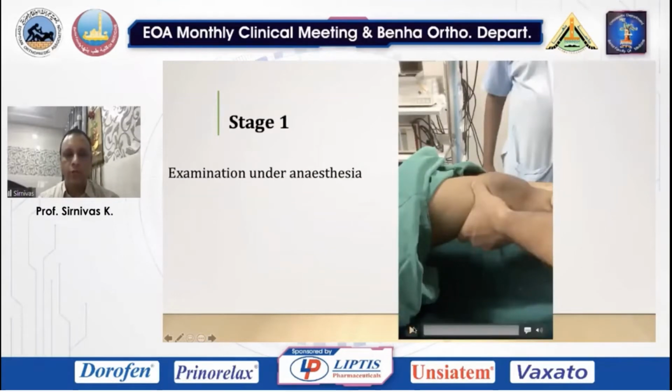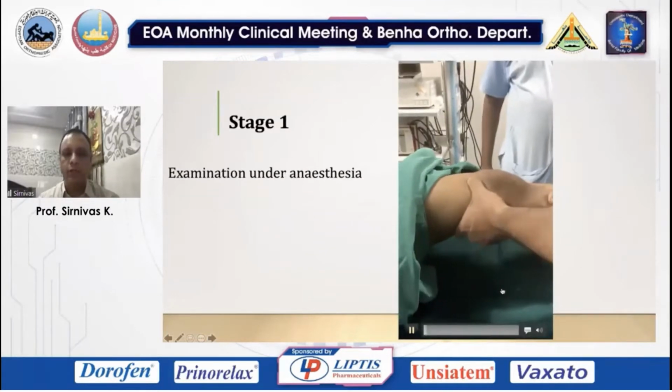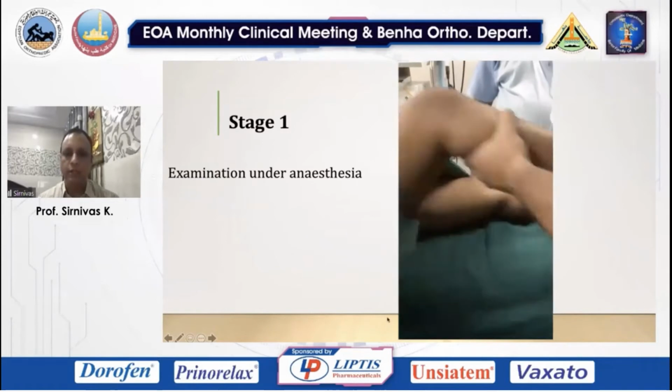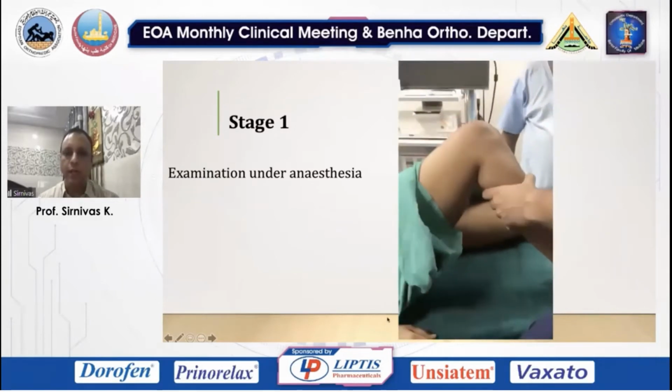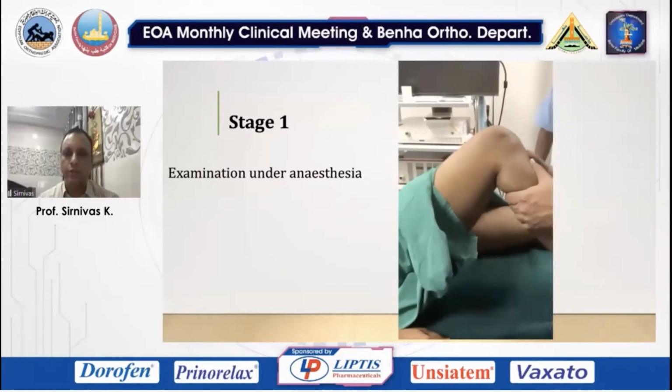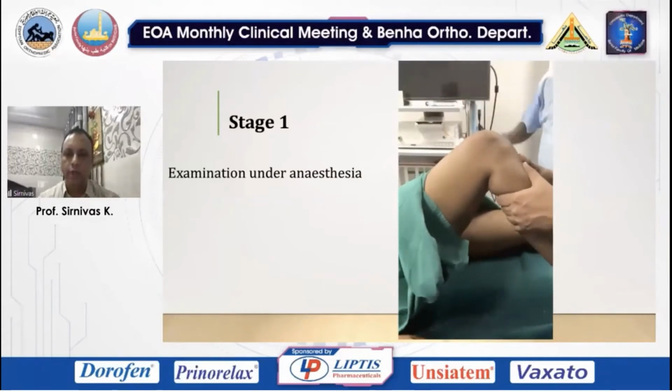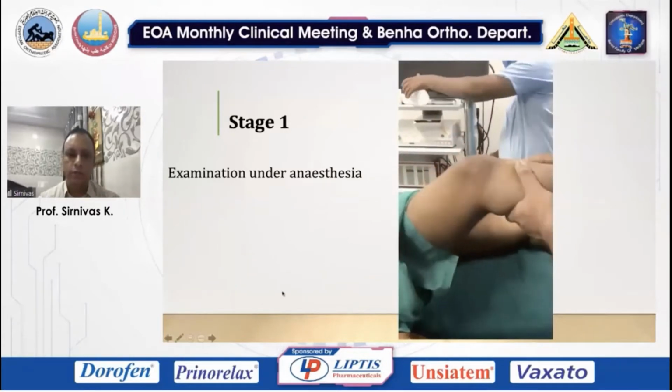So in stage 1, under examination under anesthesia, you can see that there is a positive Lachman, positive anterior drawer, and positive pivot shift.